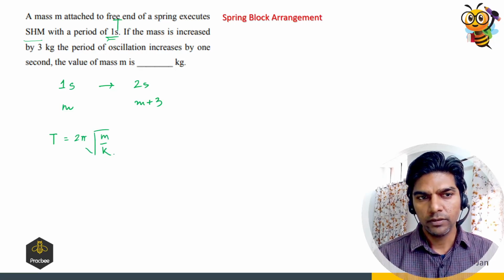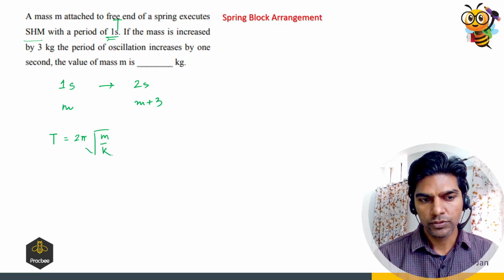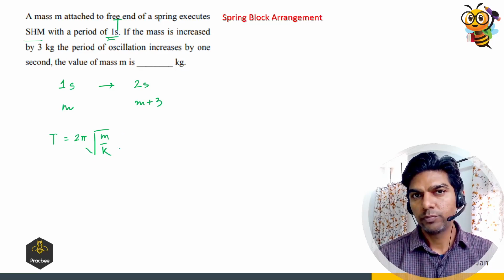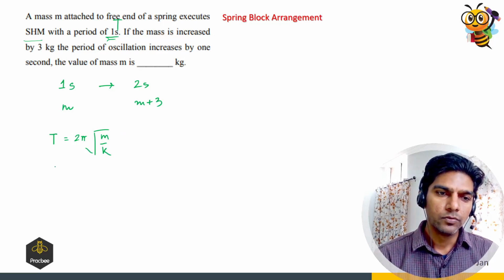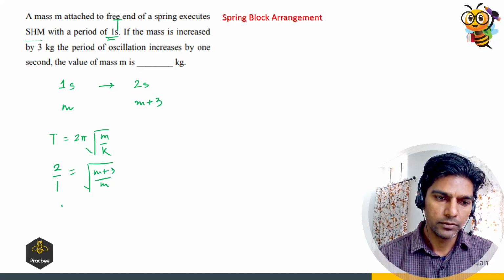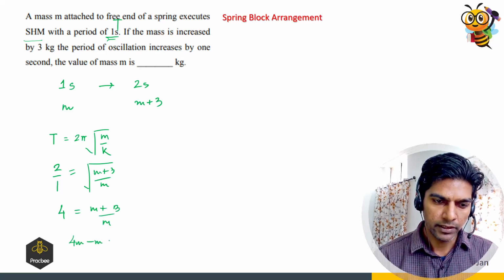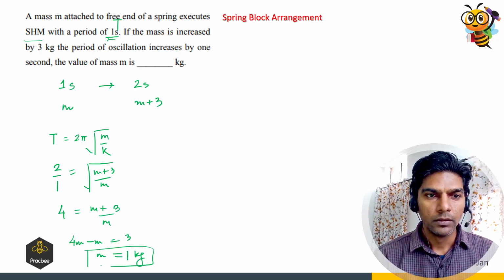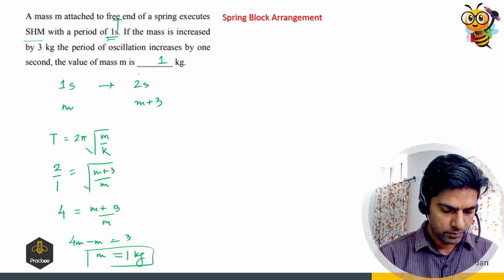So for a given force constant, the time period is directly proportional to the square root of the mass. So T2 by T1, that is 2 by 1, will be equal to root of m plus 3 upon m. Let us square it. So 4 is equal to m plus 3 by m. So this gives 4m minus m equals 3. So m comes out to be 1 kilogram.